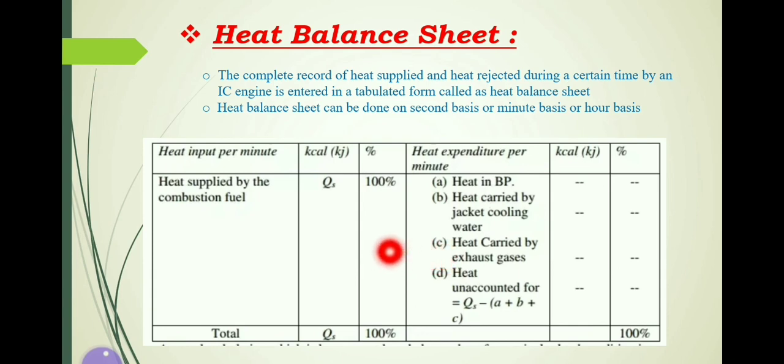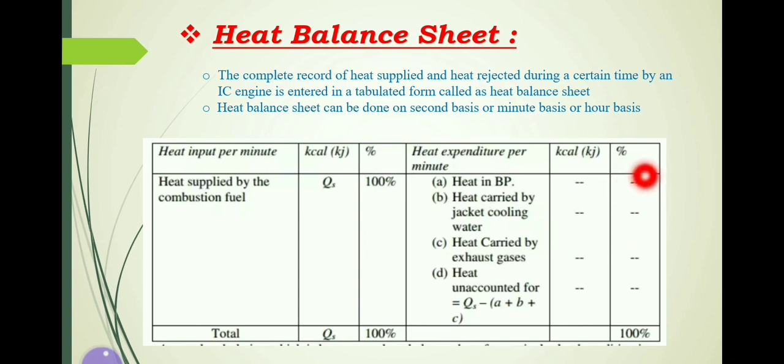And whatever unaccountable energy is wasted, like radiation, we have to show here. We have to find out these powers or heat, and their percentages also. The majority percentage will be for the brake power.